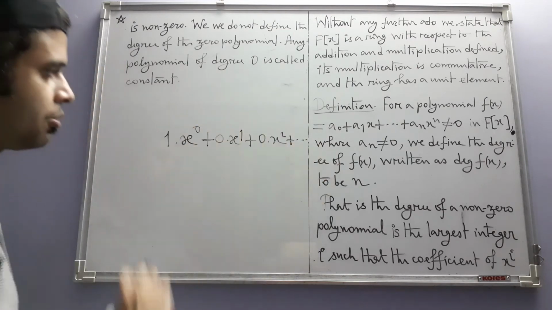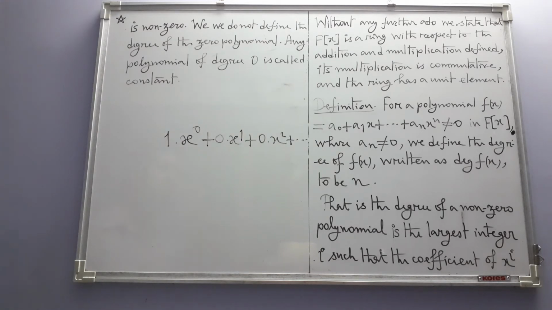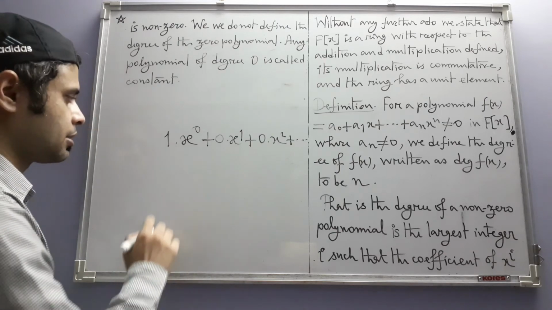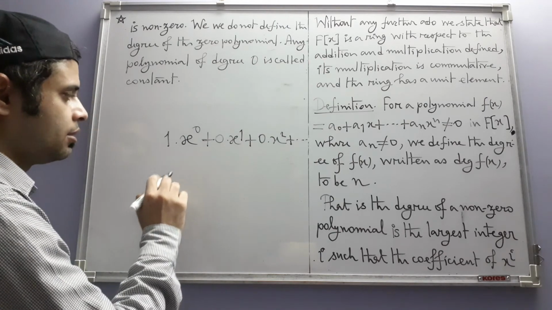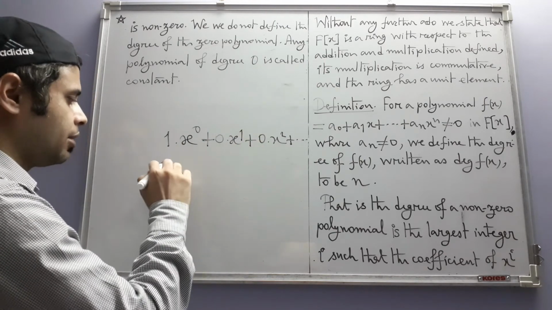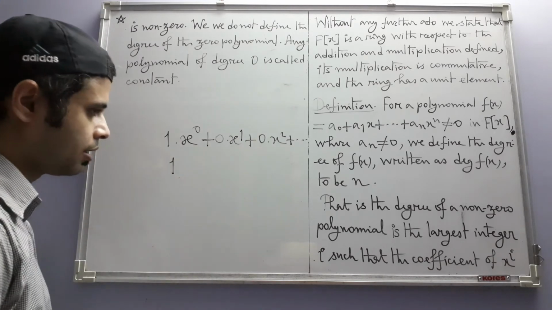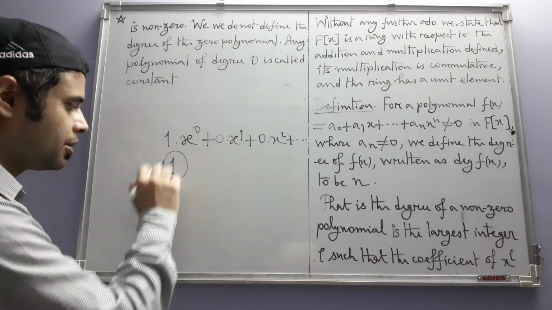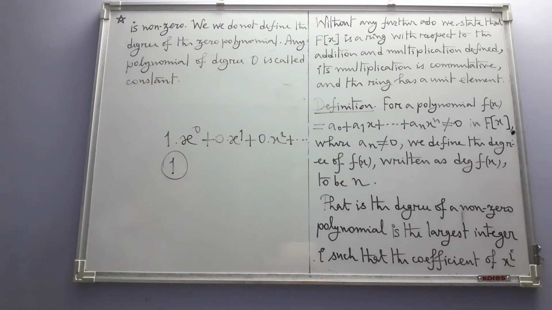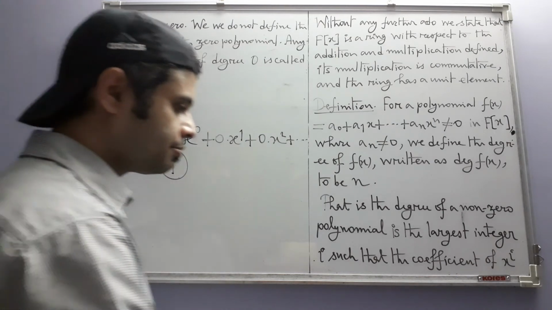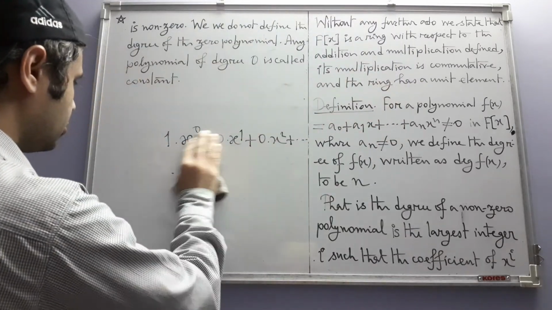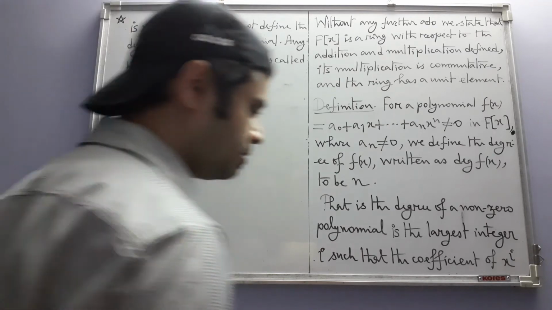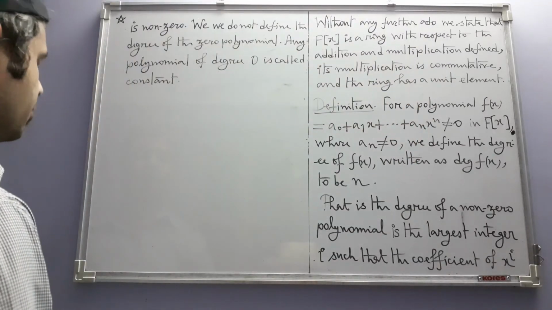So such polynomials are called constants, and you can clearly understand why, because in our somewhat less rigorous way of writing things, in place of this we would simply write 1, so it looks like a constant. They are polynomials of degree 0. Okay.